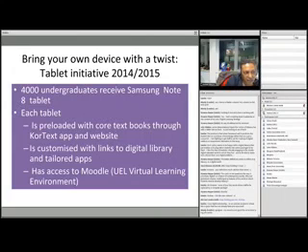By providing each of our first years with one of these tablets, they were then able to use all of the same platforms and the same software.